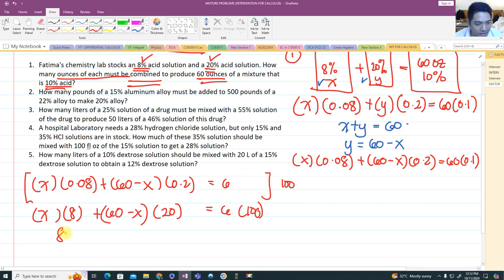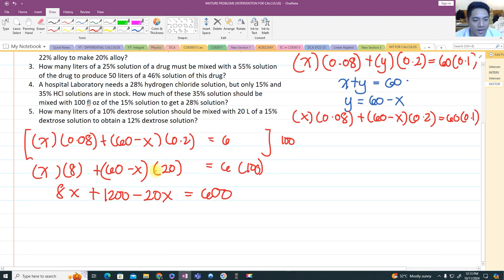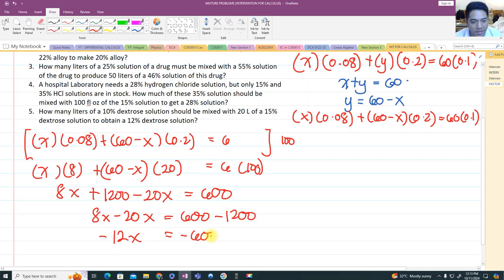So we have 8x plus 20 times 60, which is 1200, minus 20x equals 600. Combining like terms, we have 8x minus 20x equals 600 minus 1200. So you have negative 12x equals negative 600.